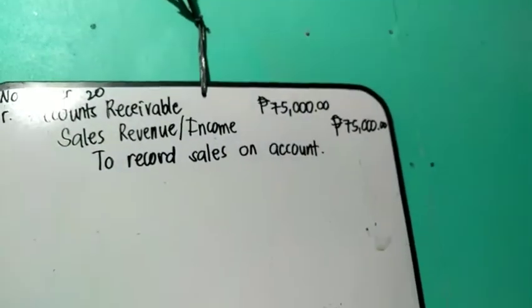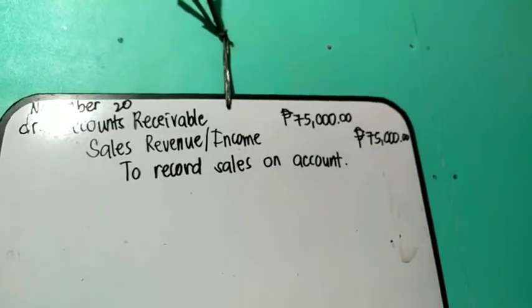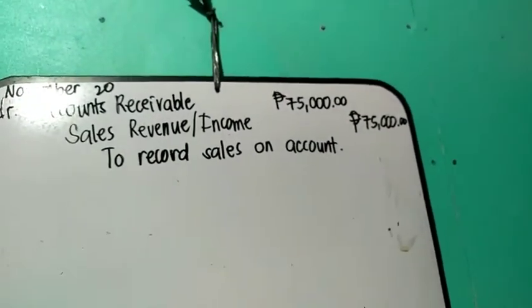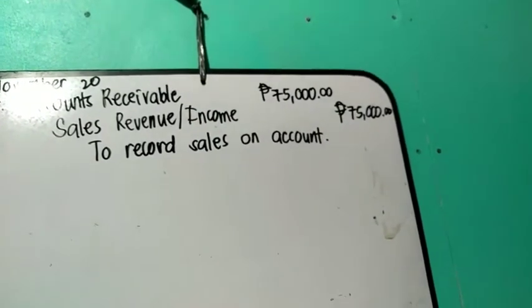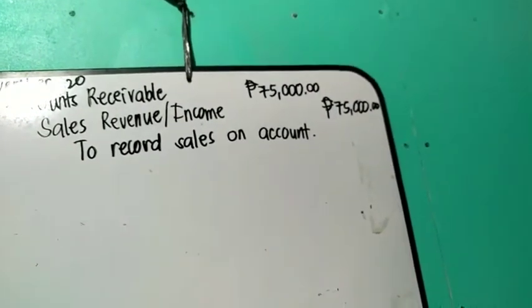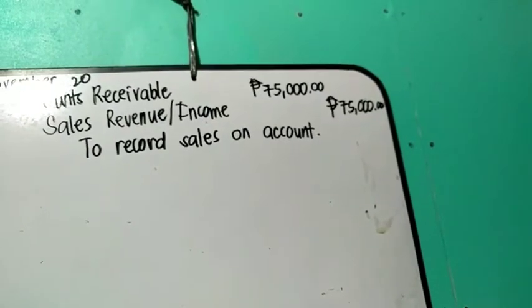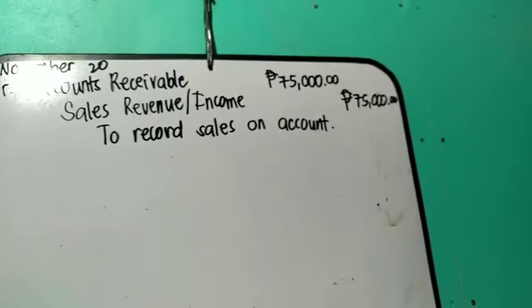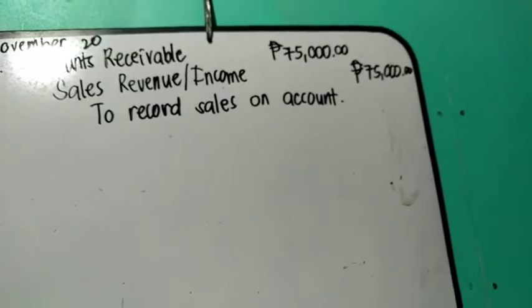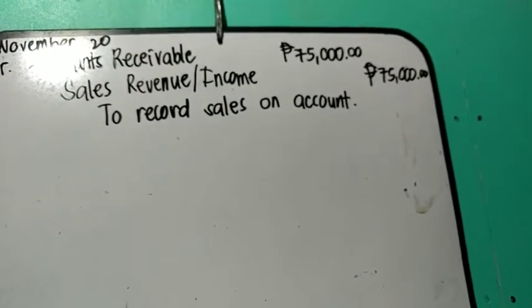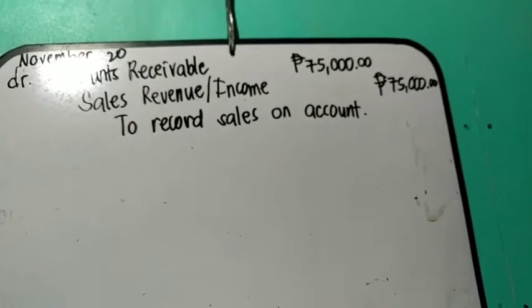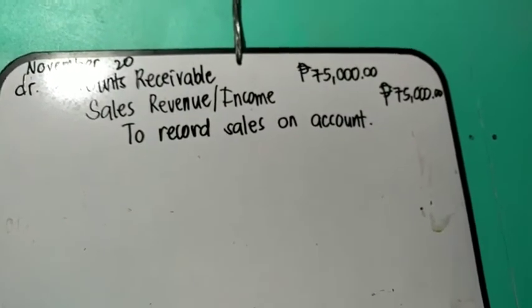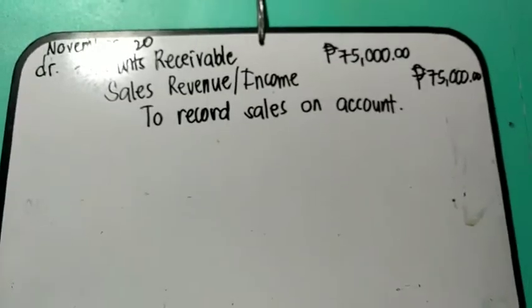So that's why you can write the explanation that way. Also, to understand it completely, it's a receivable on your end as the seller. It's a payable on Maning Kamot Co. Company because it's their utang to you. So it's a payable to them, receivable for you.